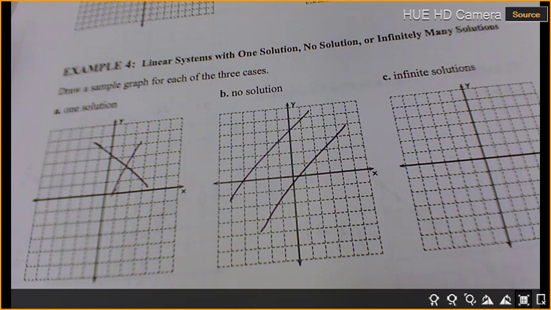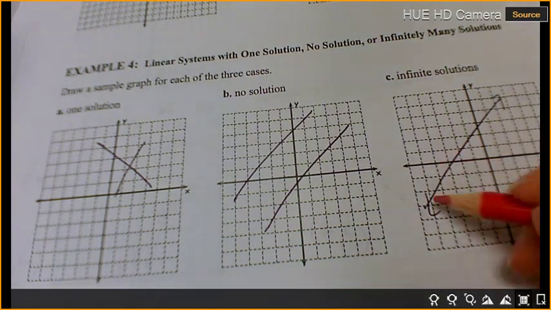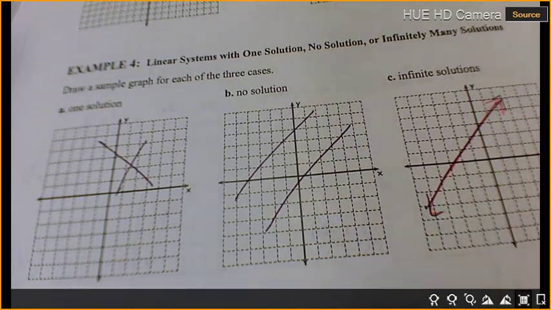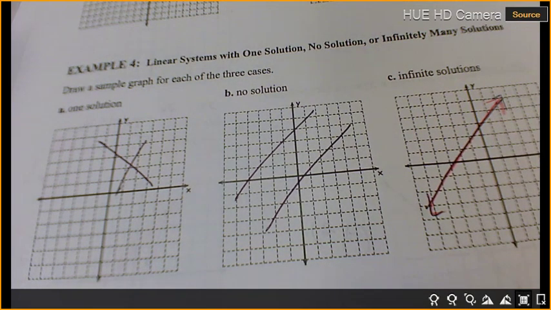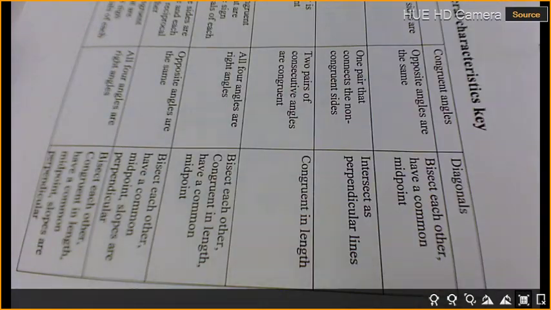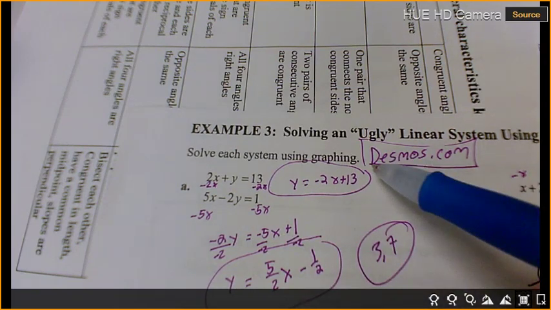There's infinite solutions. What would it look like though? It would be a line, and then we would have another line on top of it, exactly over it. So both lines would be exactly on top of each other. It's like an ugly graph because they're hard to graph.